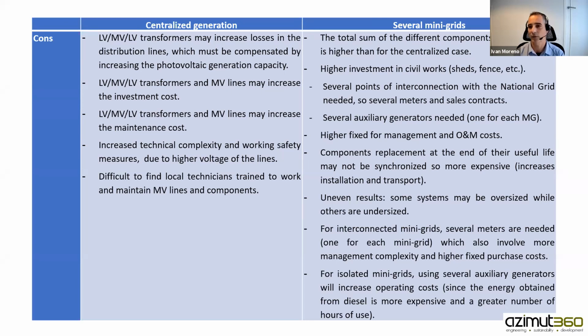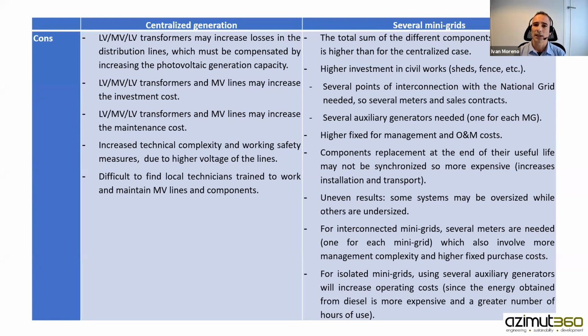We always have to take into consideration the losses of the medium voltage transformers. It's clear at this point. And also the transformers and medium voltage lines may increase the investment cost. Of course, this is always more expensive than low voltage installations.